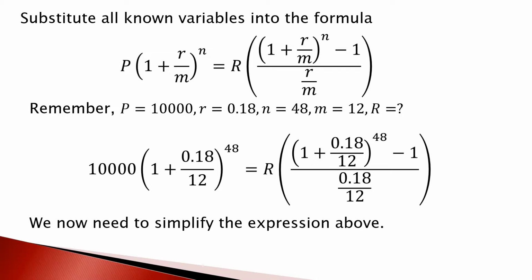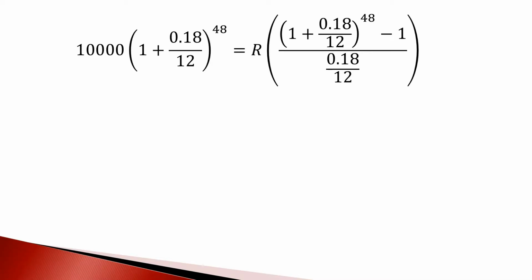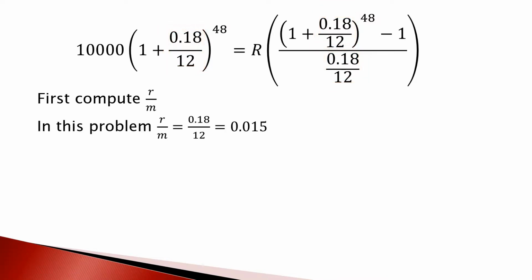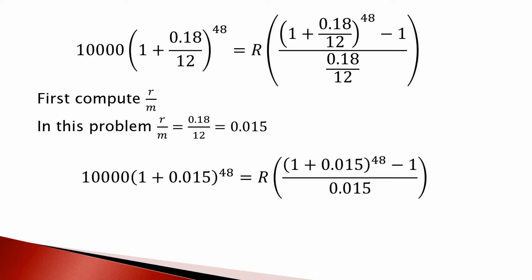We need to simplify this expression in order to find big R. First compute r over m, because this quantity appears in your formula 3 times. In this particular case, r over m is 0.18 over 12. If you do the division on your calculator, you will get 0.015. Substitute it back, and now your formula looks a little bit easier to comprehend.